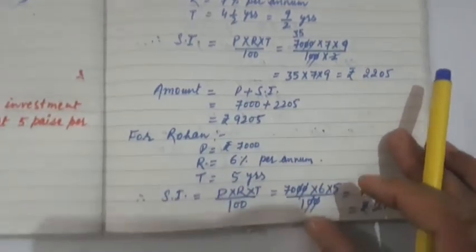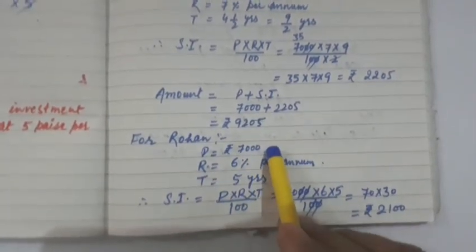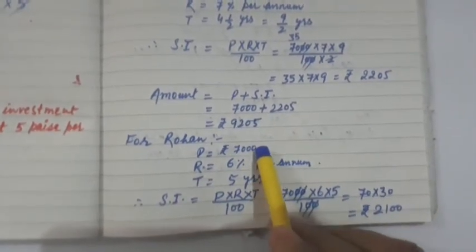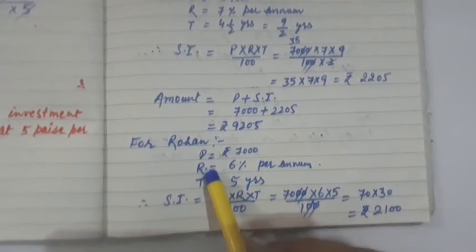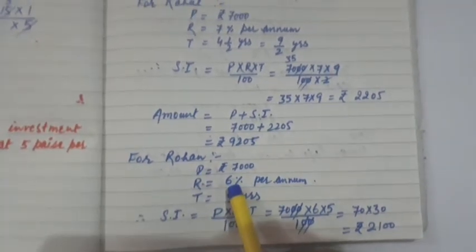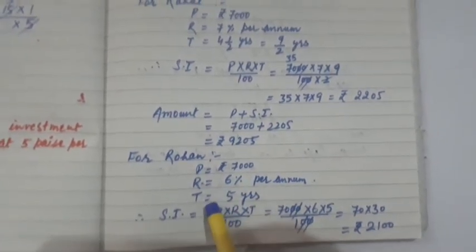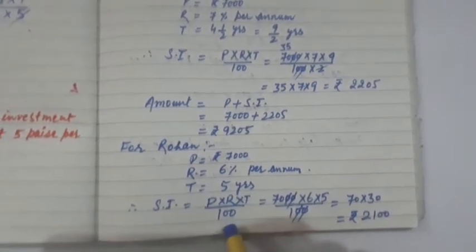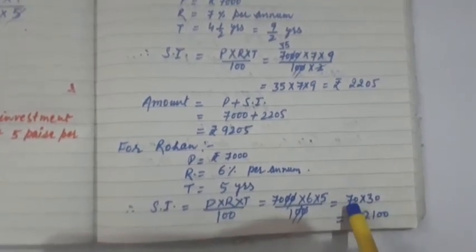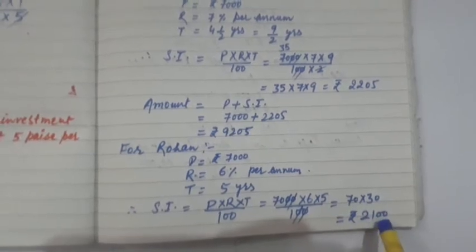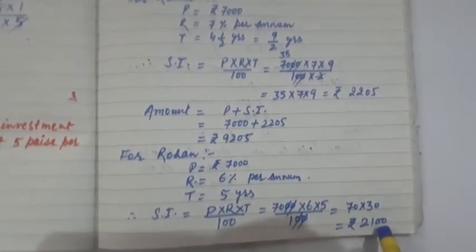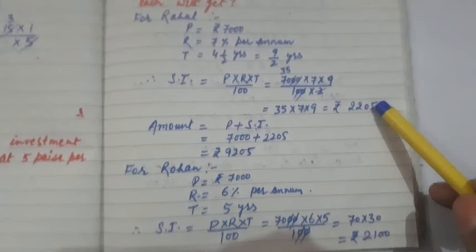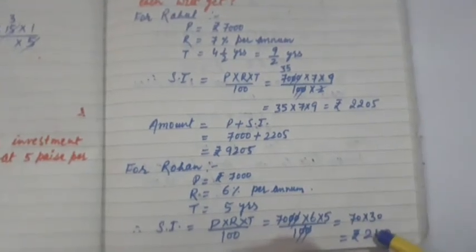Now for Rohan, the principal is the same, that is 7000. The rate of interest is different, it is 6% per annum, and the time is 5 years. So in this case, the simple interest is P into R into T upon 100, which is equal to 70 into 30, 2100. As compared to Rahul, the simple interest of Rohan is lesser.